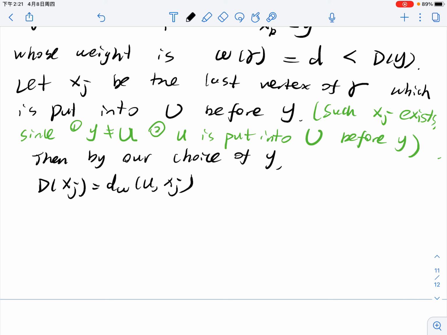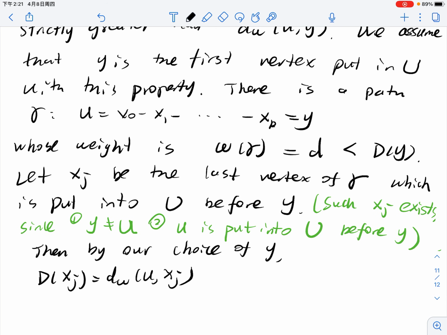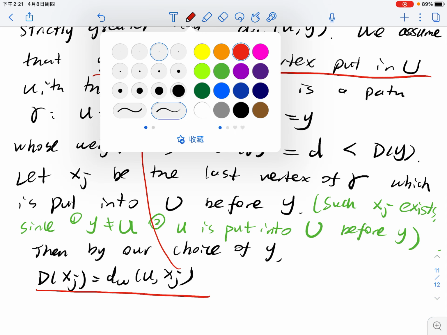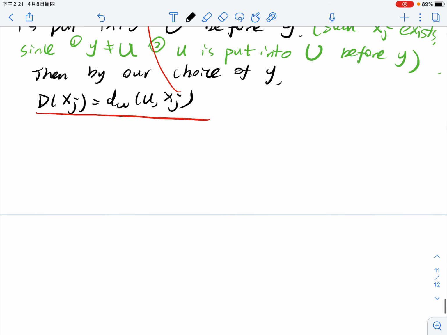This is because y is the first vertex put into U to satisfy this property. Each sentence has some use for our proof.